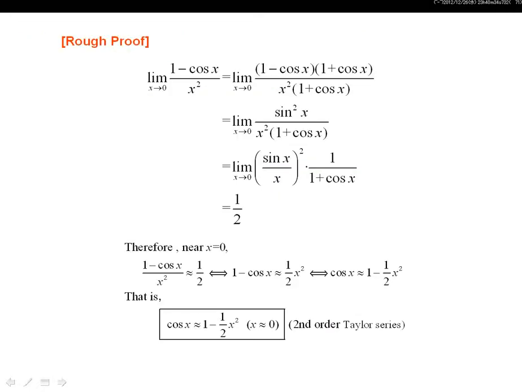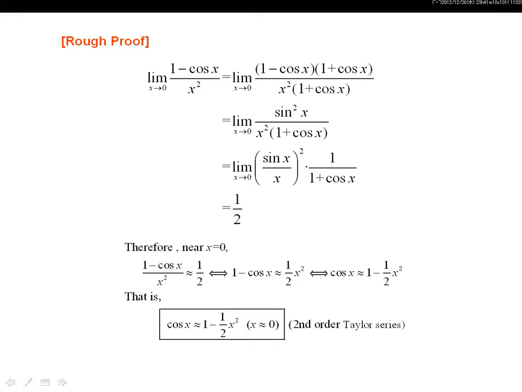This is a rough proof. The limit as x goes to 0 of (1 minus cosine x) over x squared equals, by multiplying 1 plus cosine x to both denominator and numerator, the limit as x goes to 0 of sine squared x over x squared times 1 over (1 plus cosine x), which equals the limit of (sine x over x) squared times 1 over (1 plus cosine x).